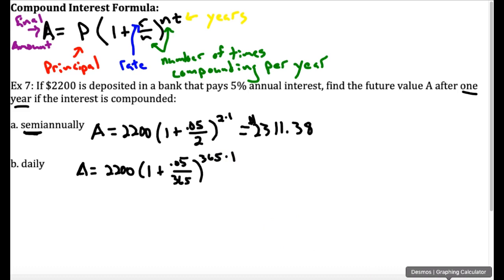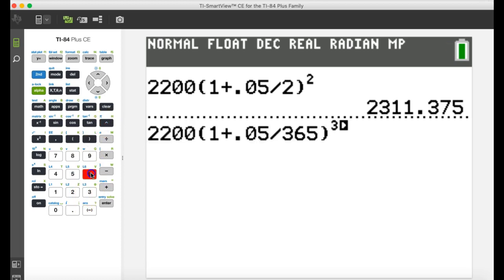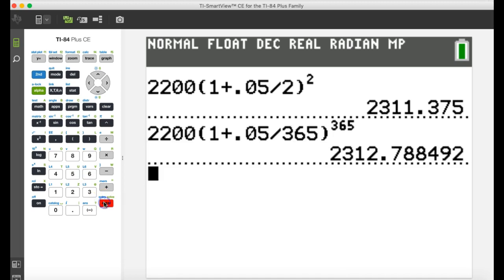So let's calculate that. So 2,200 times 1 plus 0.05 divided by 365 raised to the 365th power. So we get an extra dollar and change, right? Compared to if they compound the interest twice a year or 365 times a year.